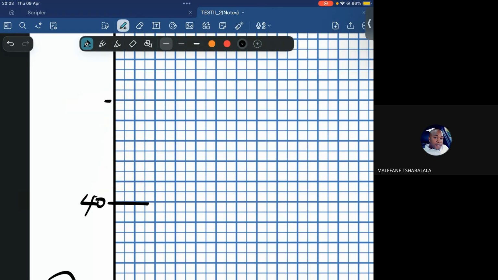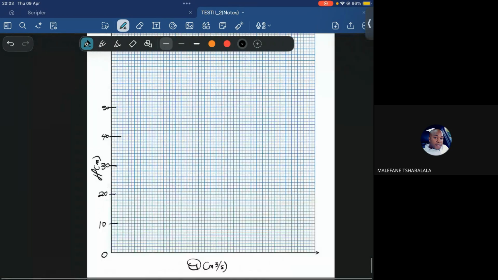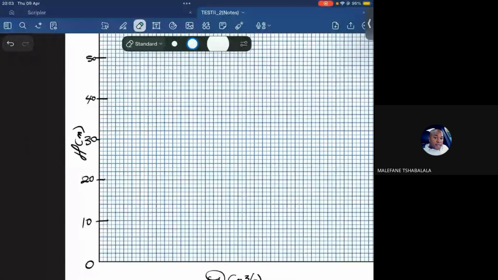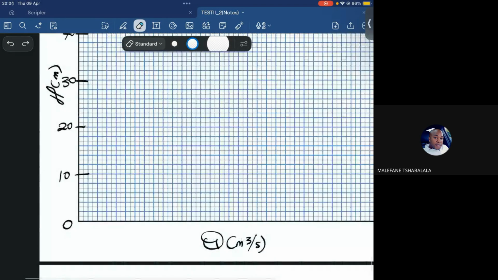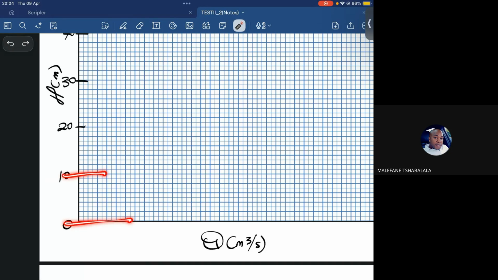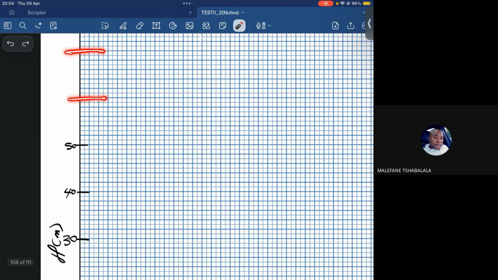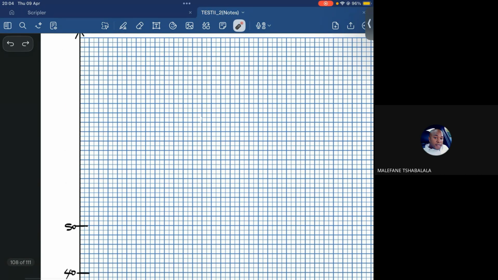So this will be our 50 meters. If you like, you can use an equidistant scale of 5, meaning you have 0, 5, 10, 15, 20, 25, 30, 35, up until here.